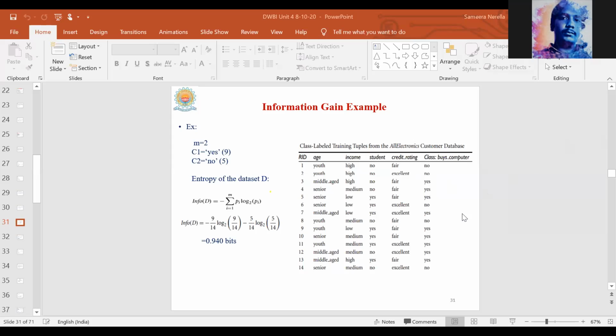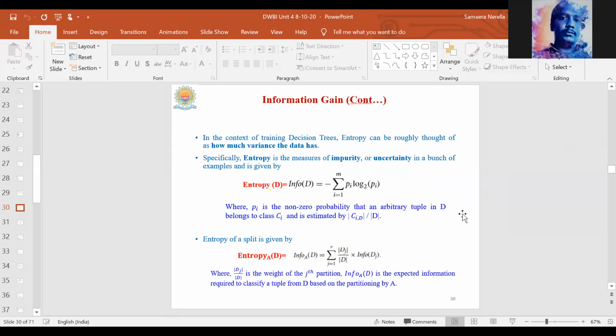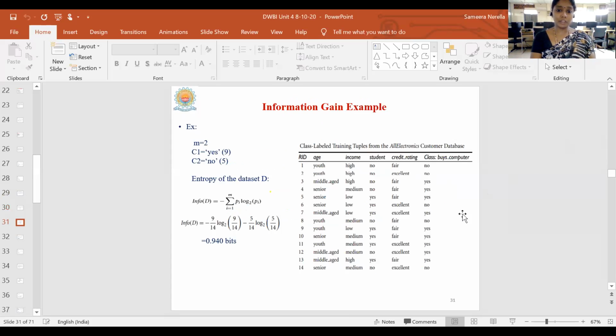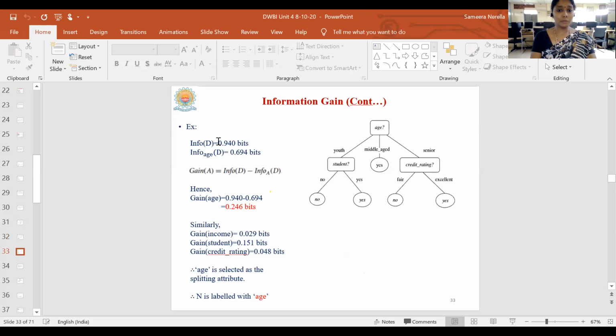Yes, ma'am. Thank you. We know this is the formula for entropy, and with that we took a sample data set and made some calculations. I hope everyone is now clear about how to calculate the entropy for a data set, the entropy for a split, and also how to get the information gain.